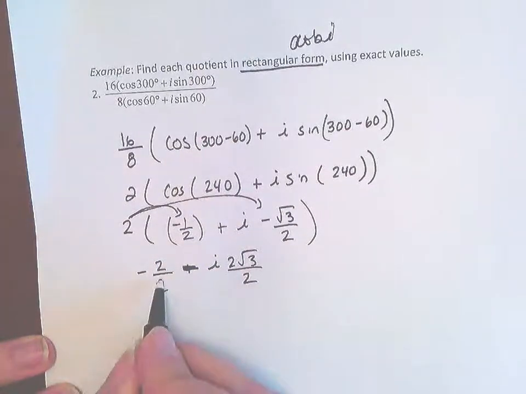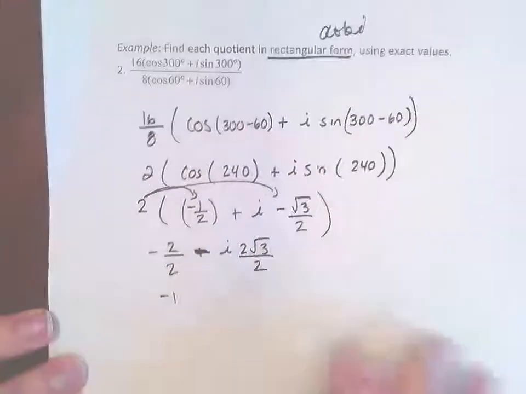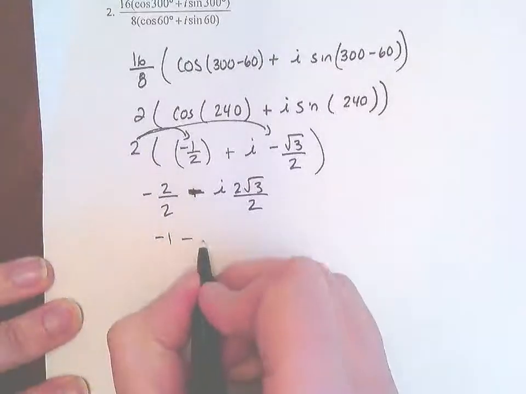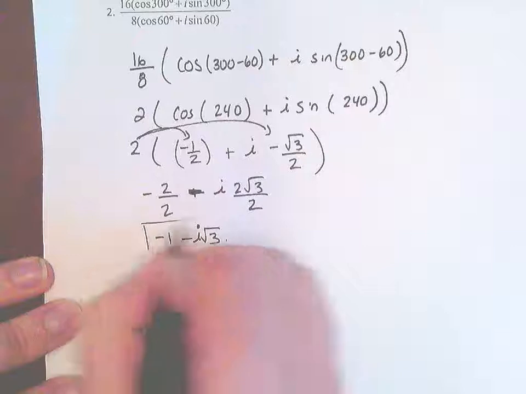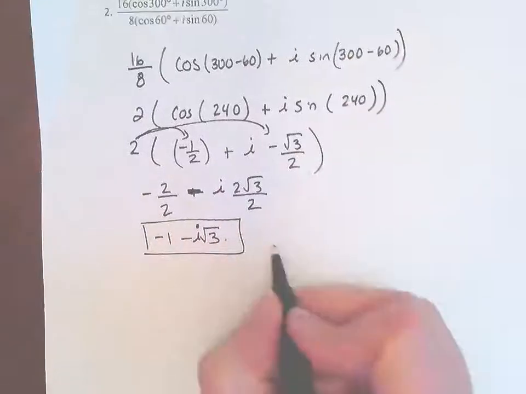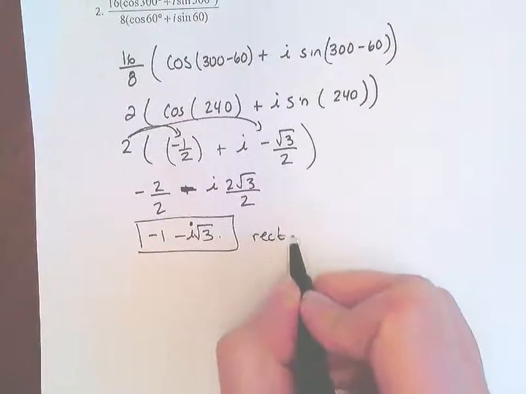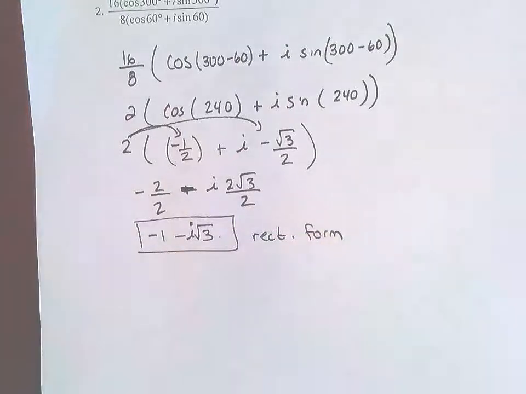And then what happens to the 2's? You end up with negative 1 minus square root of 3 I. Never forget the I. So this is in rectangular form. Alright, done with 10.4.